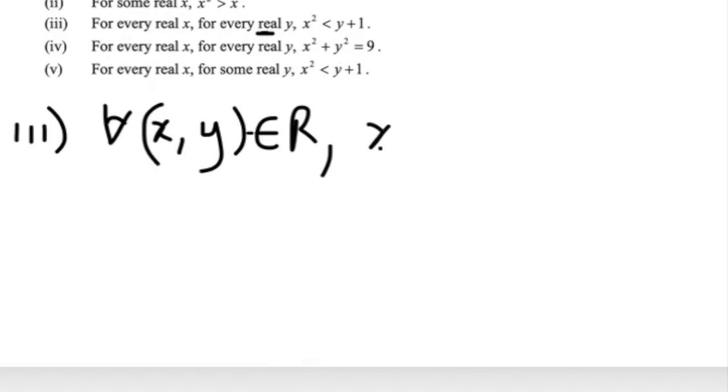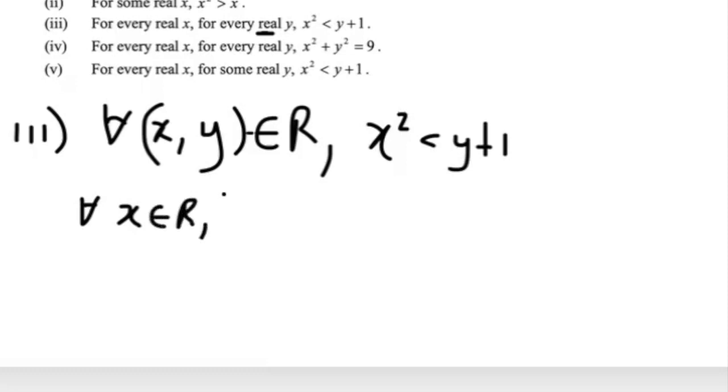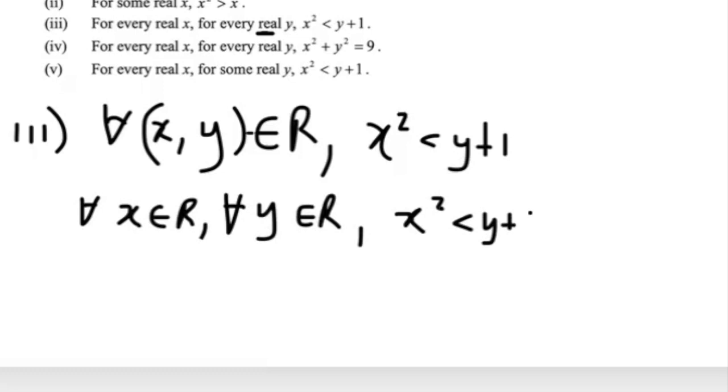We have x squared is less than y plus 1. Or we could have it for all x, an element of R, and for all y, an element of R, we have x squared is less than y plus 1. Both of these are the same thing.